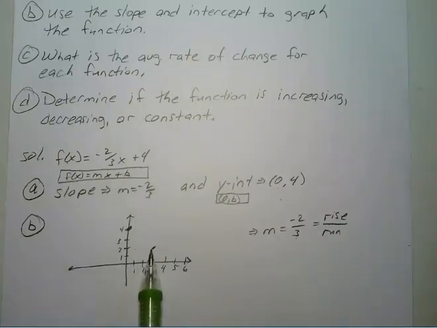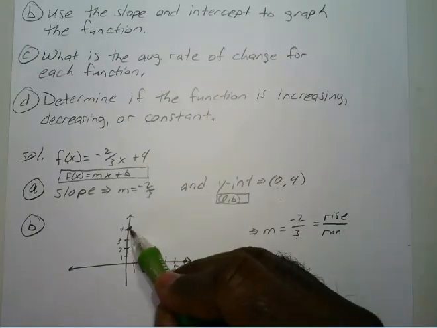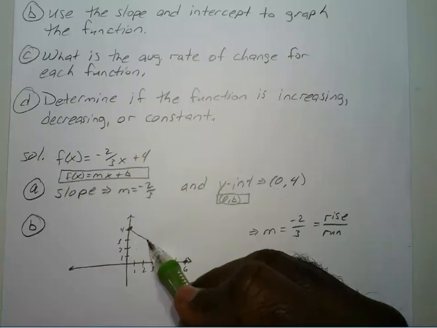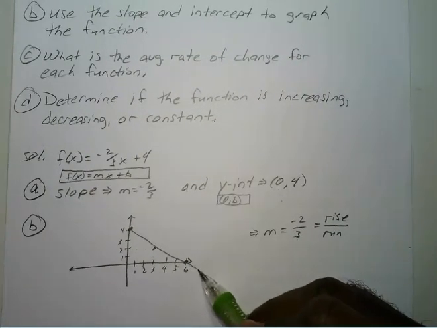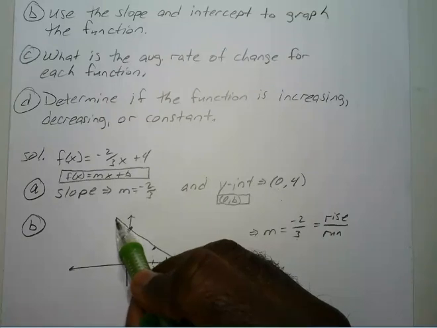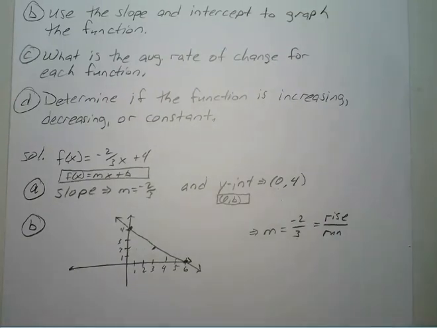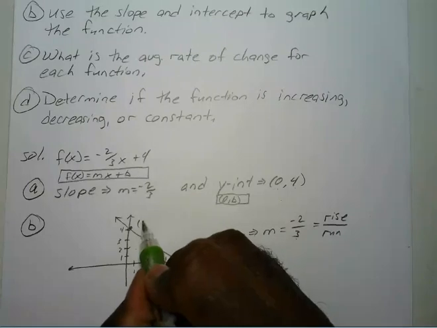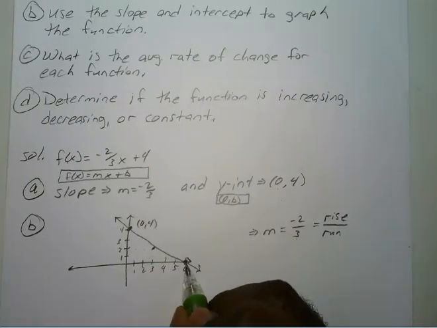If you want, you can go from that point down 2 and over 3. Okay, and then you can just connect those 3 points. Okay, so that's the graph of f of x equals negative 2 over 3 x plus 4. So that's your (0, 4), and this point here is your (6, 0).